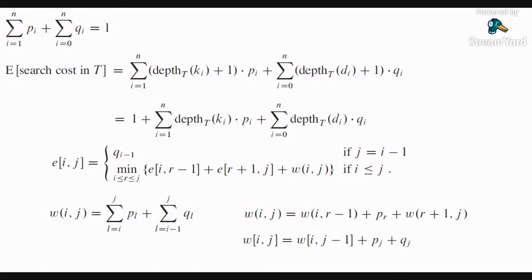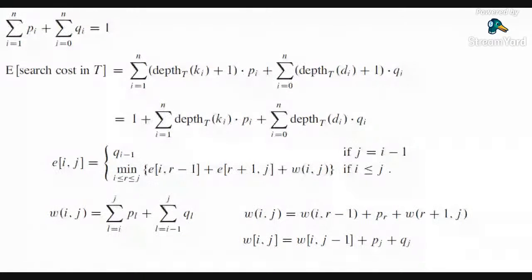Now see, this is the cost of the entire tree. We have also noted that the summation of all the pi and the summation of all the qi is equal to 1. So if we segregate this, it is the summation of depth of ki times pi plus the summation of depth of di times qi. The summation of pi ranges from 1 to n, and the summation of qi ranges from 0 to n.